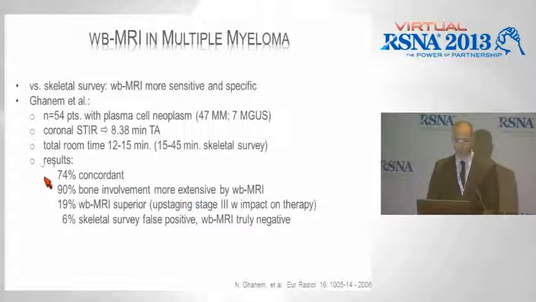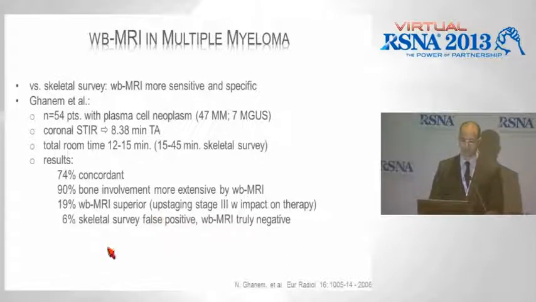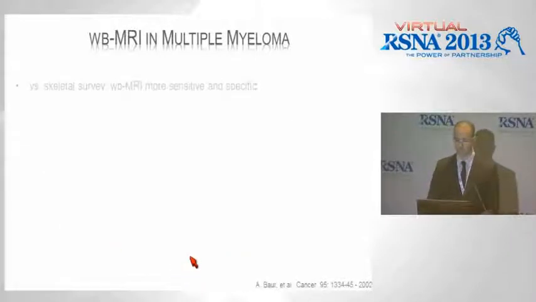And what they found is that in 74% it was concordant with the skeletal survey, but in 90% of the cases, whole body MRI was able to find more bone involvement, more extensive disease. And that led to upstaging in these cases, in actually 20% with an impact on therapy. And they also had no false positive findings compared to the skeletal survey.